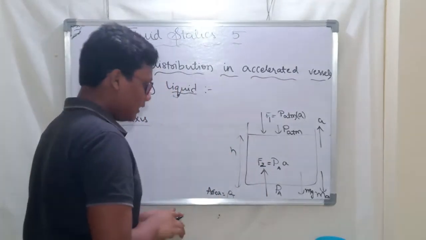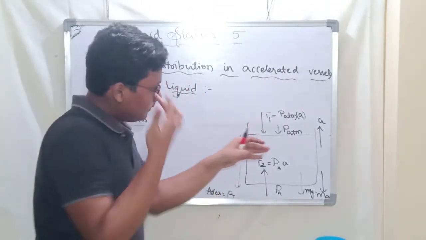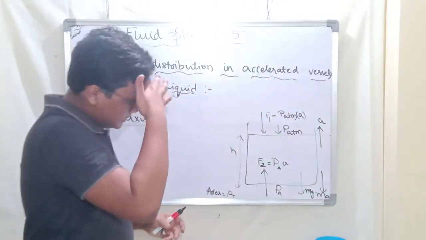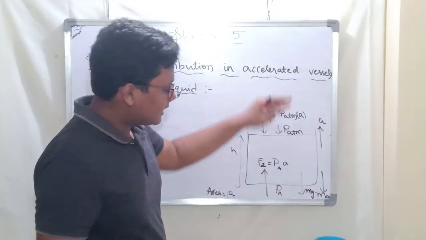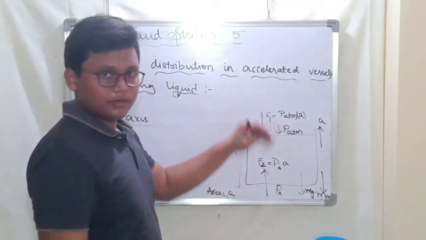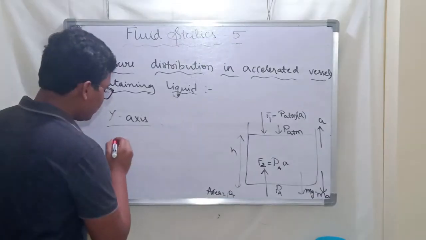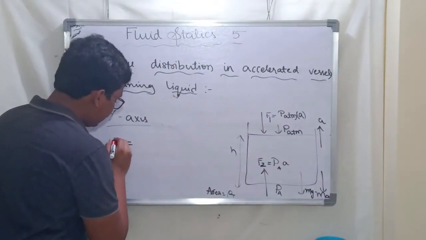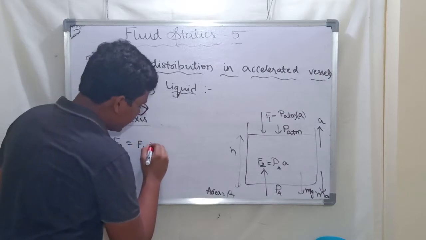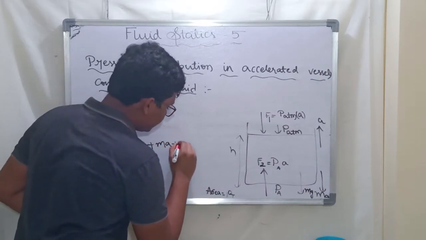These three forces, mg, ma and F1, are acting downwards, and F2 is acting upwards. So we can equate them: F2 is equal to F1 plus ma plus mg.